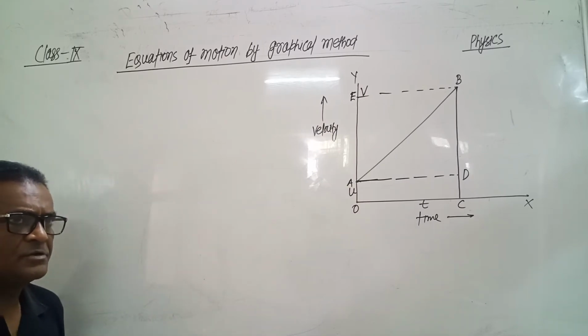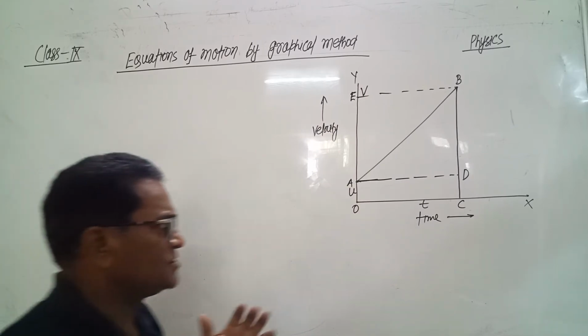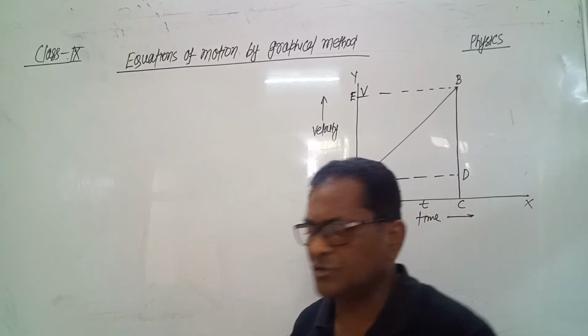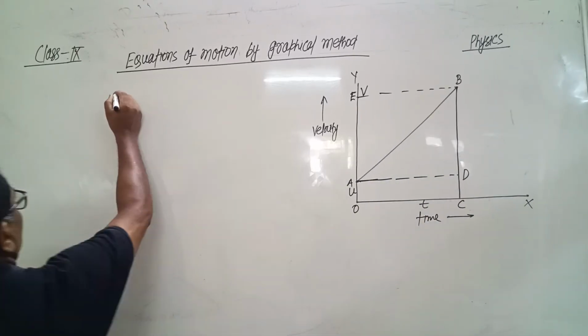So we know that the acceleration in a velocity-time graph is equal to the slope of the graph.